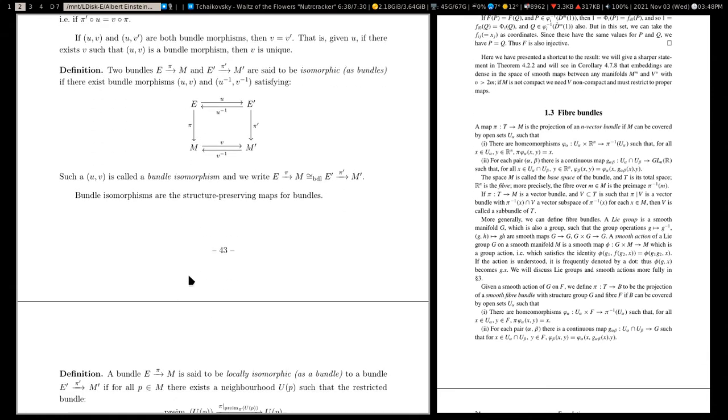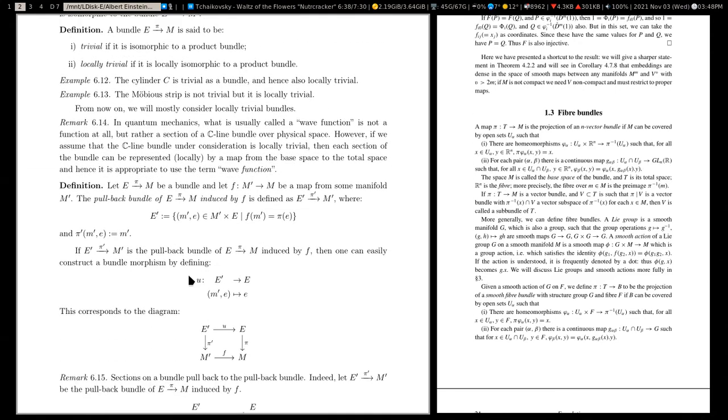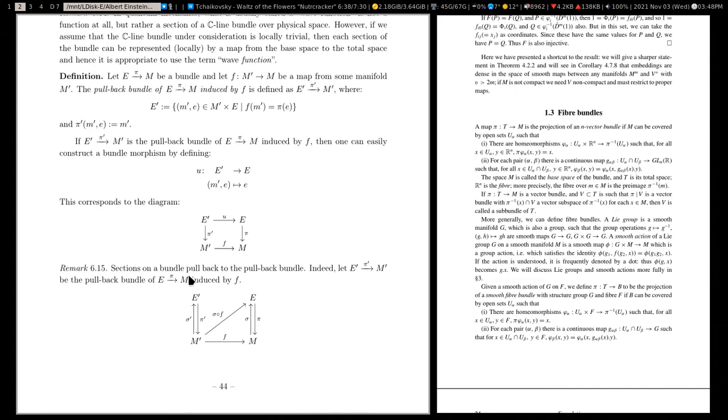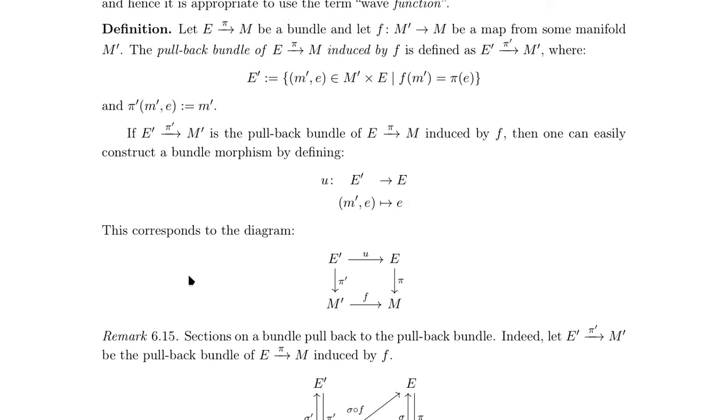So that was our trivial bundle, or locally trivial bundle. We'll have some kind of operation within bundles again: pullback and pushback. If you've seen pullback and pushback of smooth maps and manifolds, you probably know what it is.